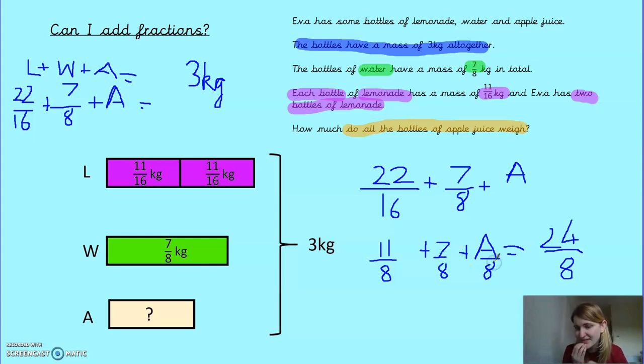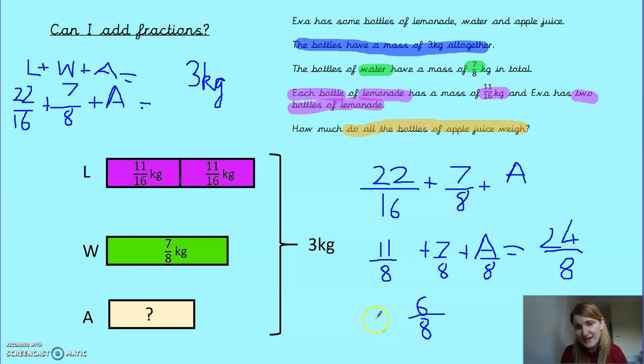Well, let's work this out. 11 and 7 is 18. 18, add the apple juice, is going to be my 24/8, my total. What would I add to 18 to get 24? You tell me. Hopefully you went, well, I know 24 take away 18 is 6, or maybe you counted on. Whatever you did, 6 should have been your answer.